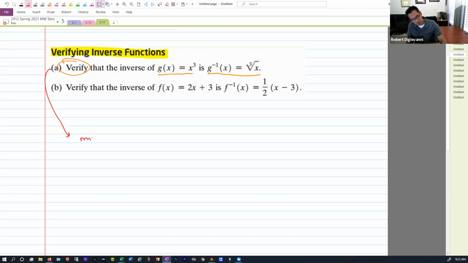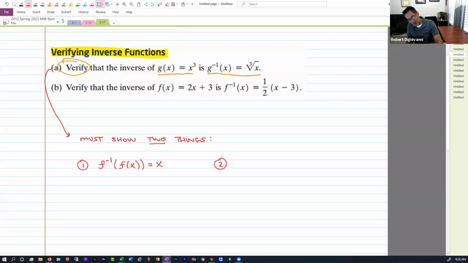You must show two things. One, you have to show that f inverse together with f of x will spit out x.